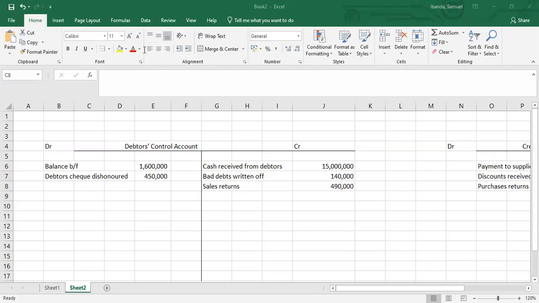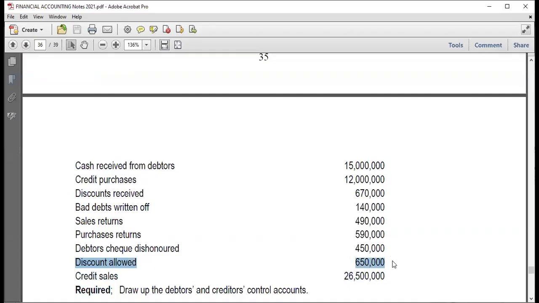They're telling me discounts allowed. Now, discounts allowed also relate to debtors. In this case, it is us that have given discounts to our customers. Once we give discounts to our customers, it means that the amount they should actually pay us is reducing, okay? So discounts allowed to customers should actually reduce our debtors.